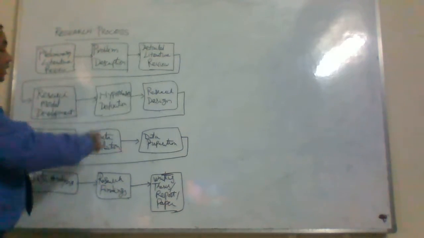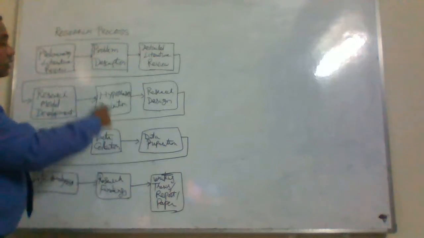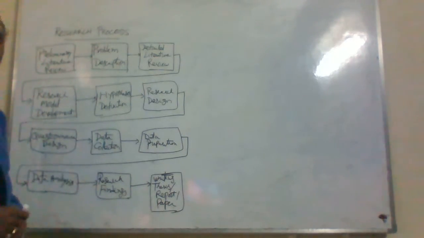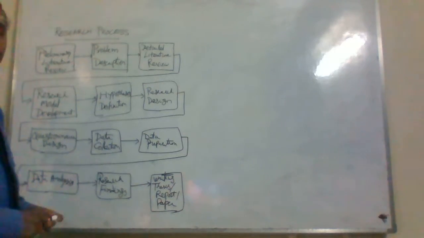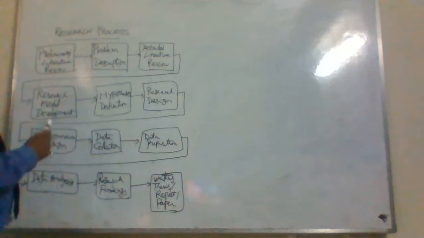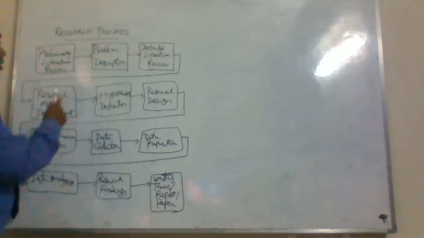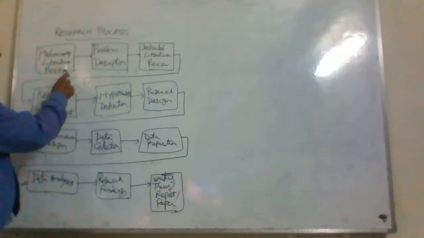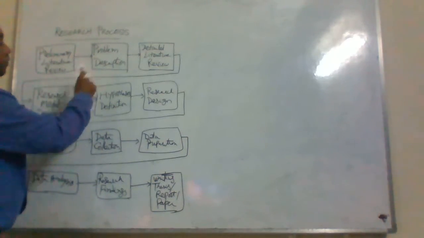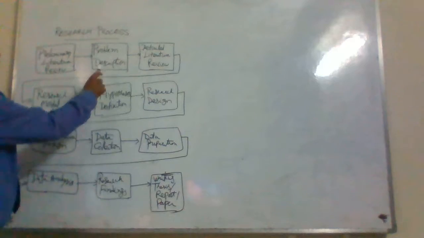First I will tell you what the steps involved in the research process are, and then I will explain each one by one. First is the preliminary literature review, which means you have to read 4-5 research papers. Then that gives input to the problem description, which is the second step.